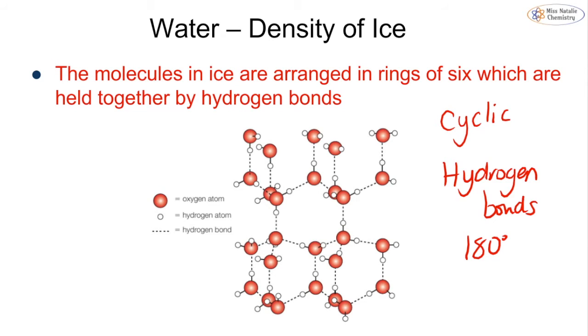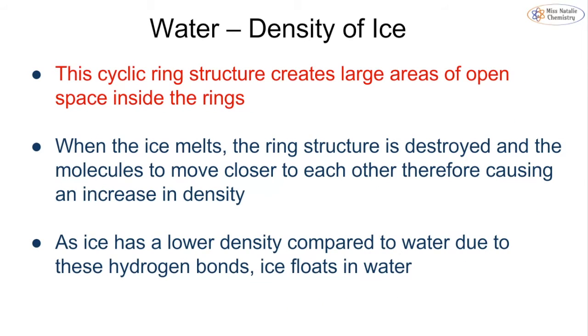So they're going to be held in this rigid structure. And what that does is it creates large open areas of space inside the rings. And because it has those large open areas of space, we're packing fewer molecules into a specific volume. So therefore, our density is lower.